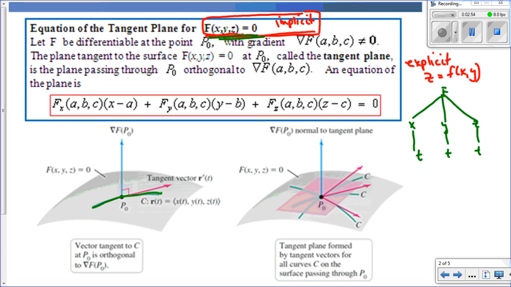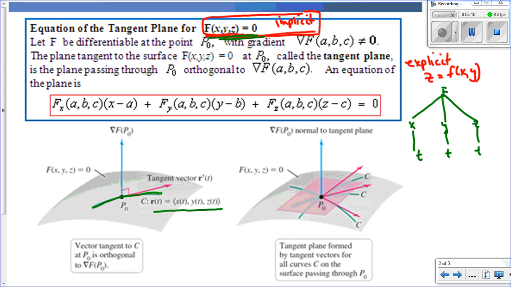Now this curve C is defined by this vector valued function, r of t, which is x of t, y of t, and z of t. So I see that x, y, and z each depend on t.